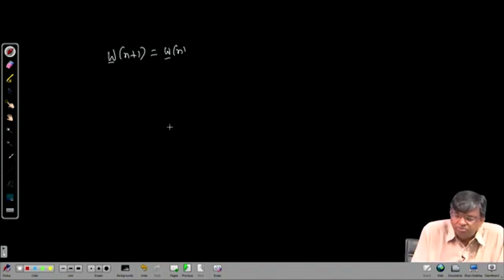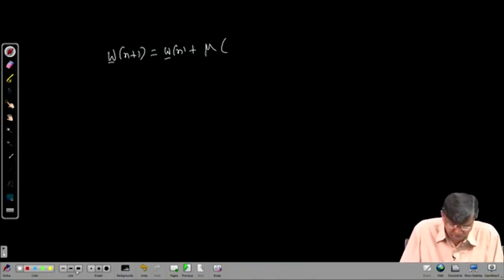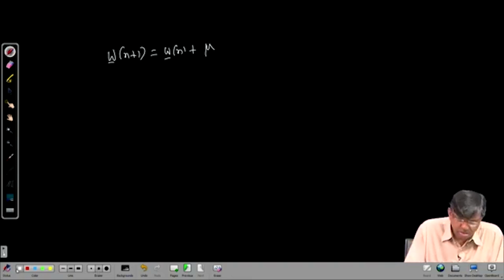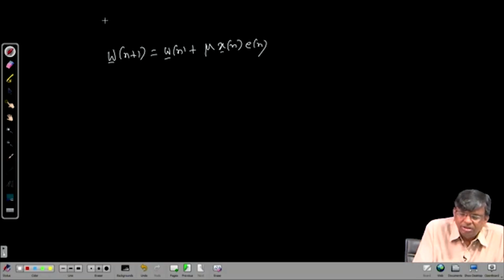At the nth clock I got some filter weights, and I change it in the next clock by adding an extra update term, mu into x n E n, where E n is d n minus y n, the desired response minus the filter output.